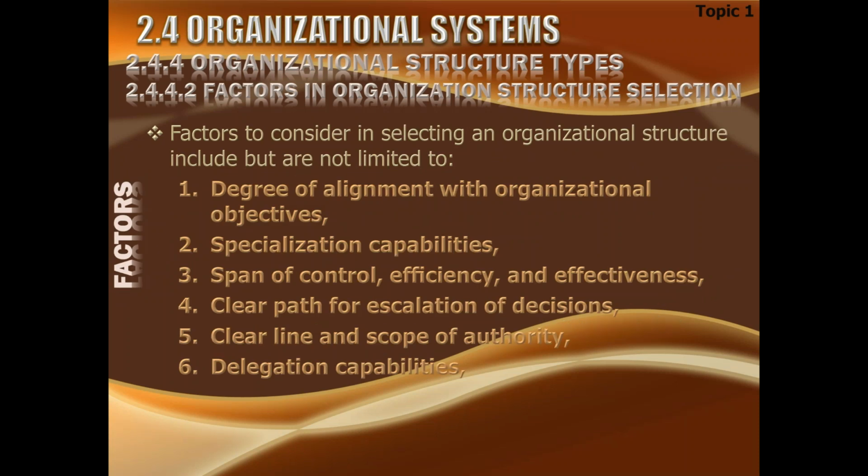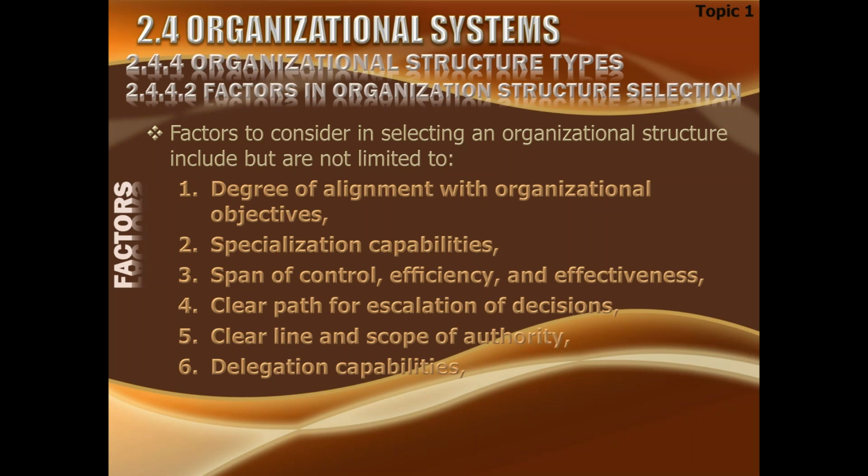Factors to consider in selecting an organizational structure include, but are not limited to, degree of alignment with the organizational objectives. Naturally, your organizational structure must be aligned with your organizational objectives. Specialization capabilities: if you are an organization which specializes in certain capabilities, then those should be highlighted in the organizational structure, definitely. Span of control, efficiency, and effectiveness.